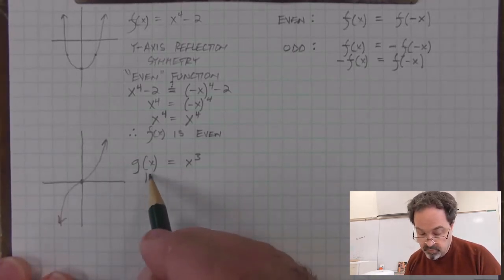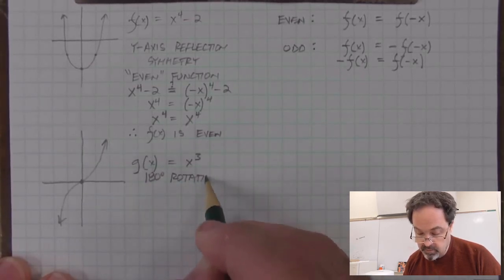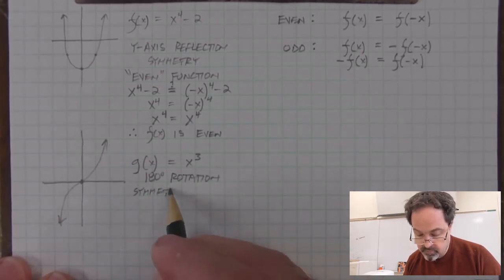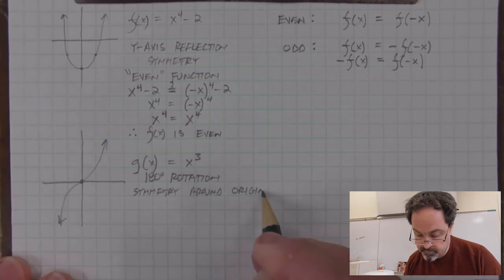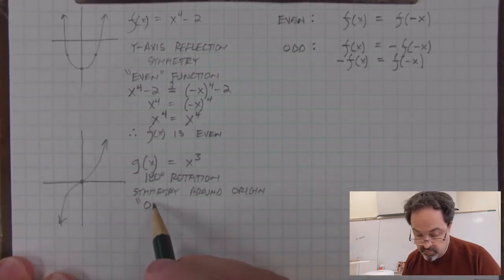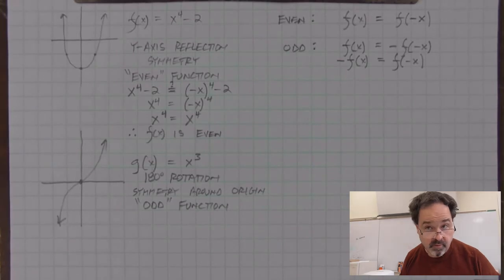And we could list that as an attribute. And if it does, then we would want to say, or we could say that it is an odd function. But can we prove that it's odd?